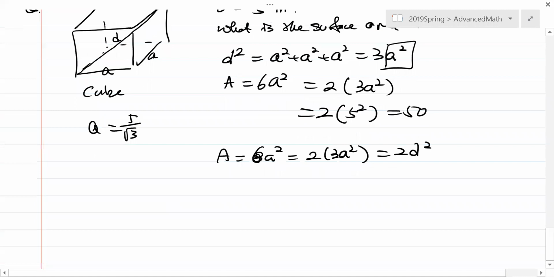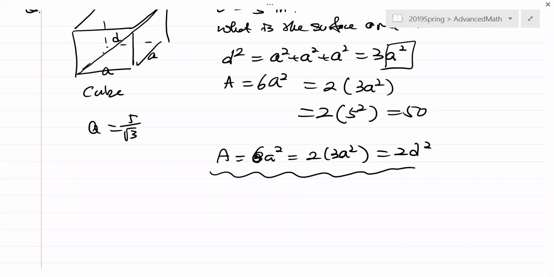So this is a simple problem, but there's a short way to solve it. And if you find this short way, you should be able to derive this formula by yourself at the end. So there's a direct relationship between the length of the diagonal and the surface area.